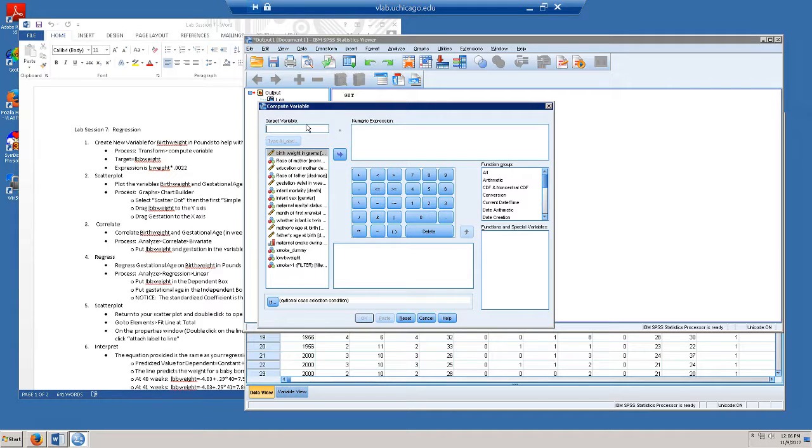Our target variable is going to be LB weight, or pound birth weight, or whatever you want to call it. And then the numeric expression, we're going to move the birth weight variable over and multiply it by 0.0022, because that is the conversion rate between grams and pounds that I looked up.